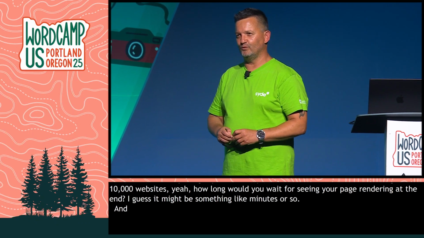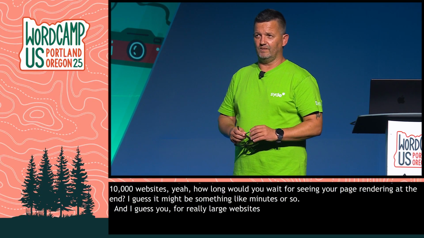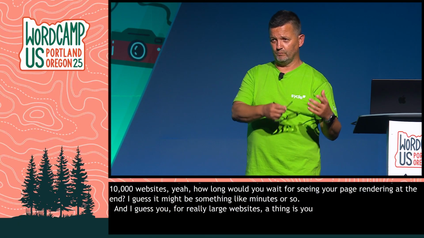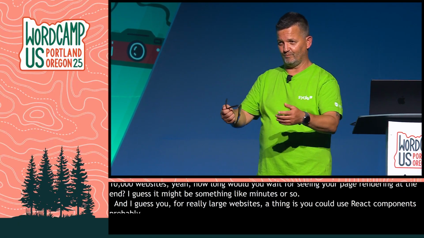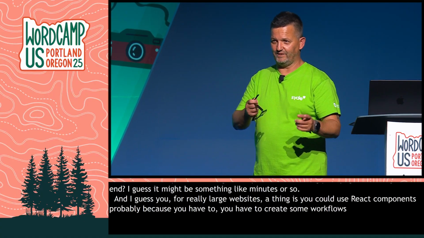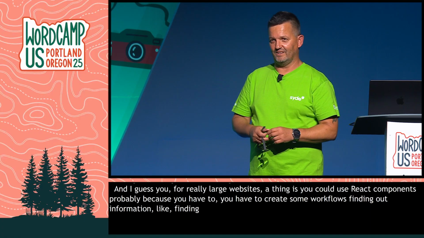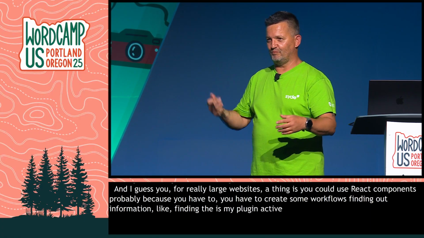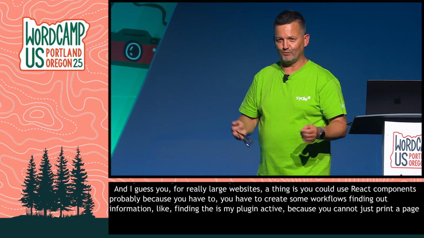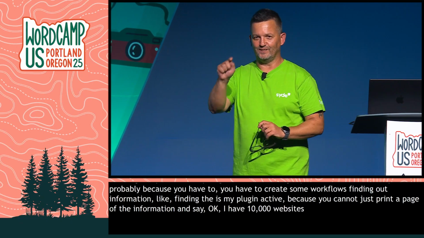I guess for really large websites you could probably use React components, because you also have to create workflows for finding out information, like where my plugin is active. You cannot just print on the page the information and say, okay, I have 10,000 websites, I have a plugin active, and then later go and click them away.